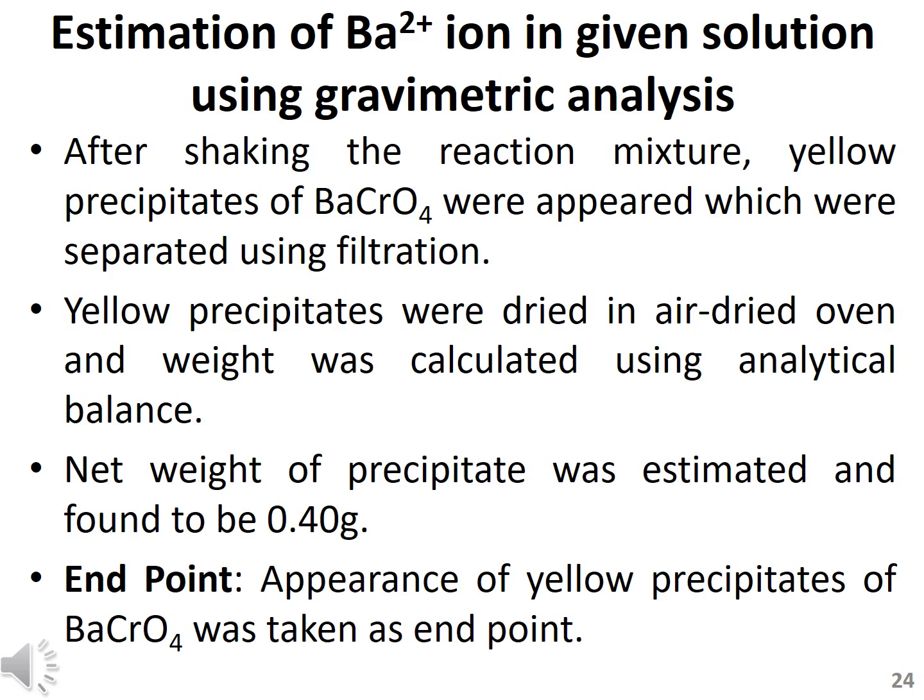We will use a filter paper of suitable size. After collecting these yellow precipitates of barium chromate, the precipitates will be freed from moisture, from the water molecules. The water molecules will be removed by placing it in a hot air oven.